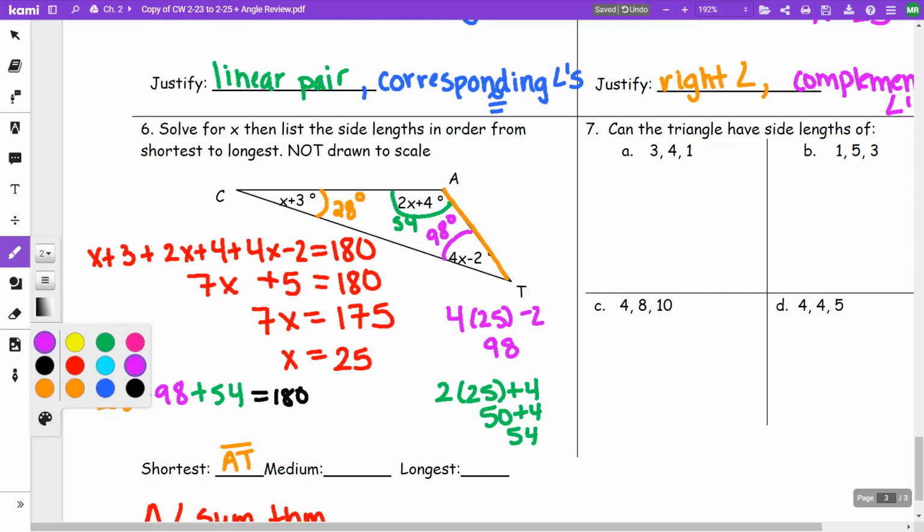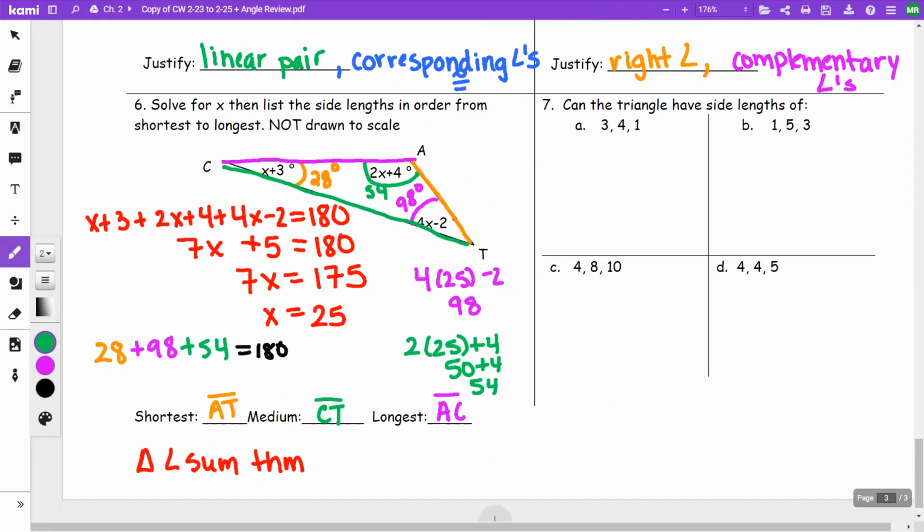Now, the largest angle is my purple angle, and across from that is going to be my longest side, which is going to be AC. And then my middle one is going to be across from my green one, which is going to be CT.